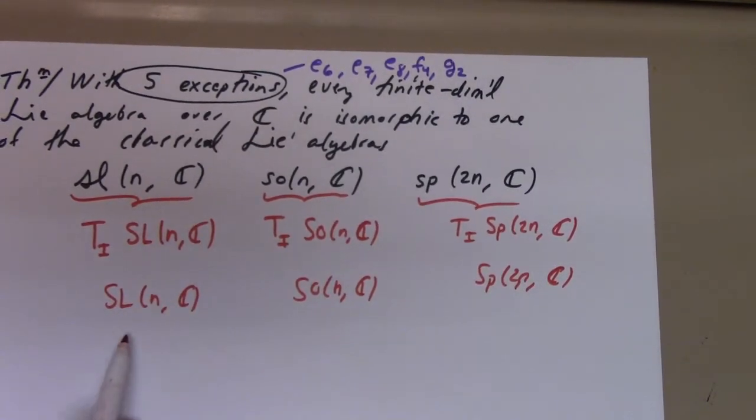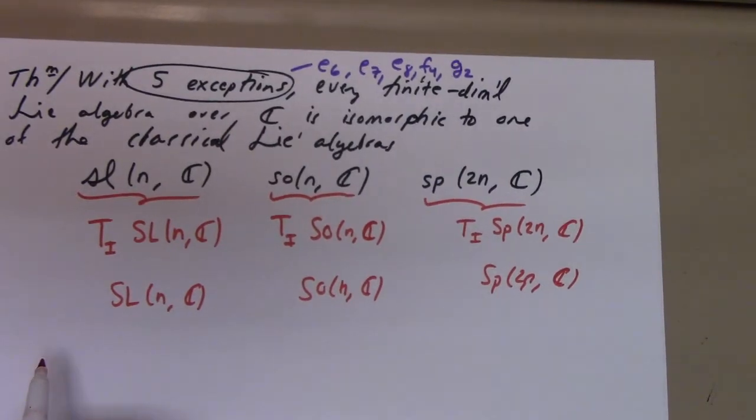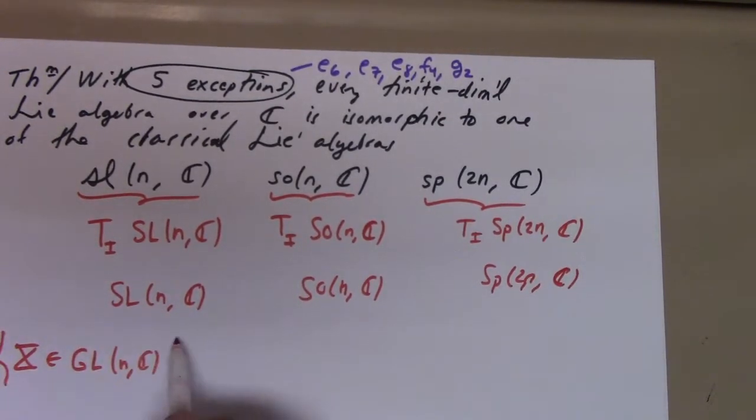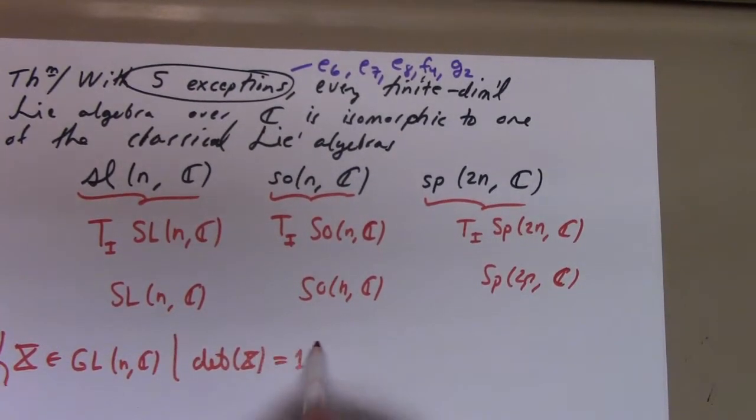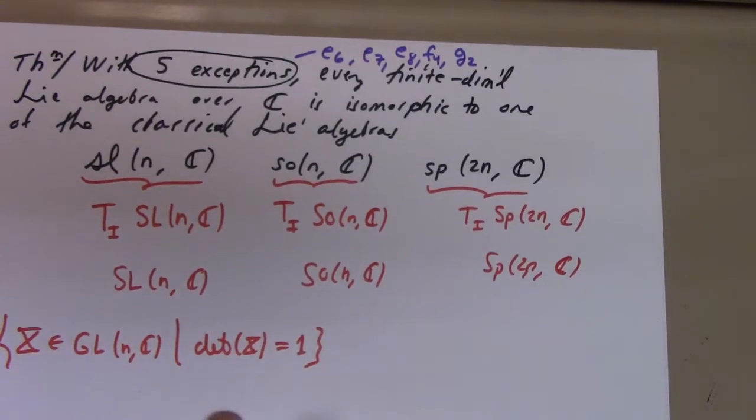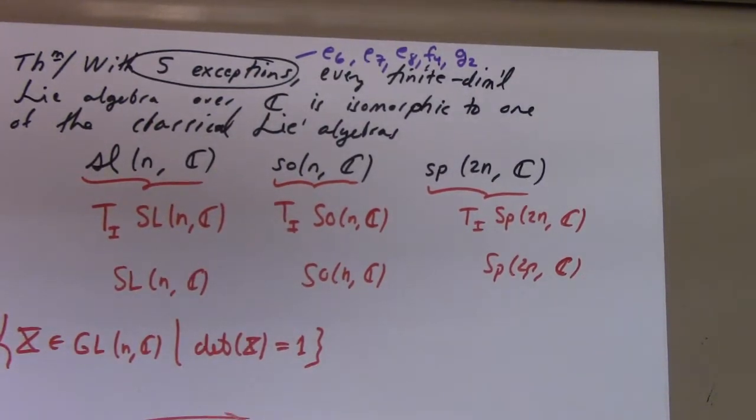SL(n, C) is just the set of X in GL(n, C), the general linear group, such that the determinant of X is equal to 1. The way I think about it, let me just focus on this one for a second. So this is sort of the Lie group, right?